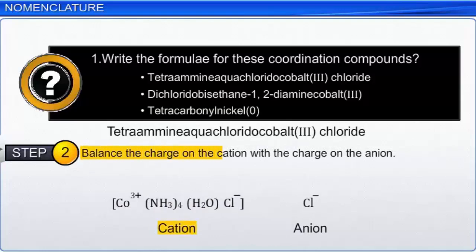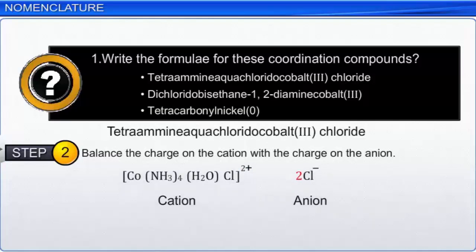Since amine and aqua ligands are neutral, and there is only one chloride ligand inside the coordination sphere, the charge on the complex ion is +2. Hence, two anions can neutralize the charge on the cation. Thus, the formula for the given compound is [Co(NH3)4(H2O)Cl]Cl2. Similarly, the formulae for the other two complexes are written as shown here.